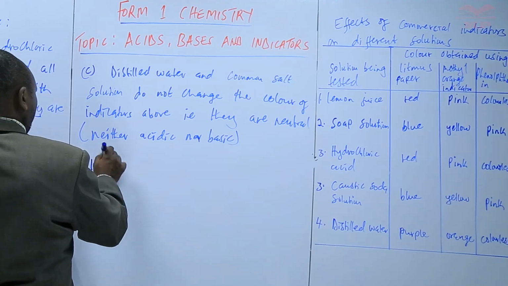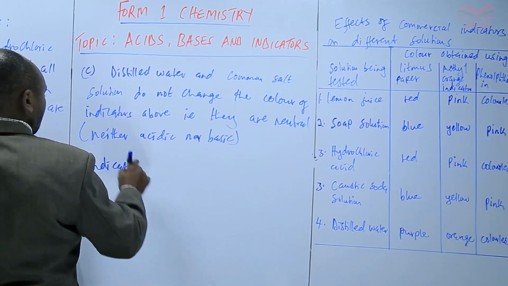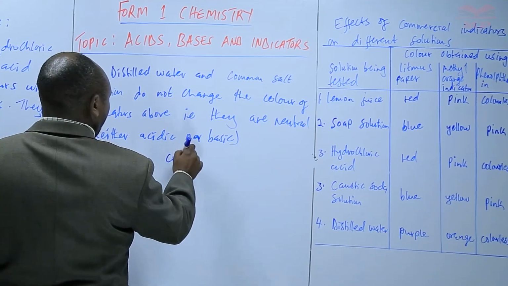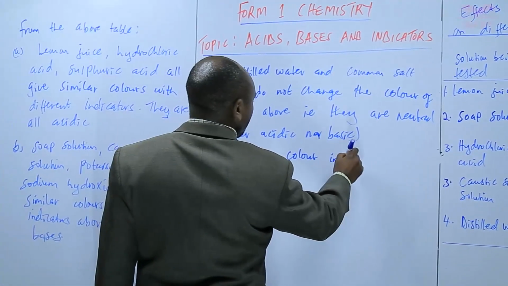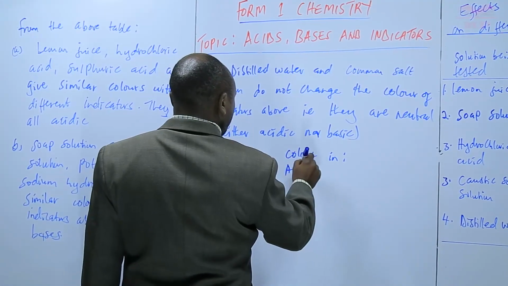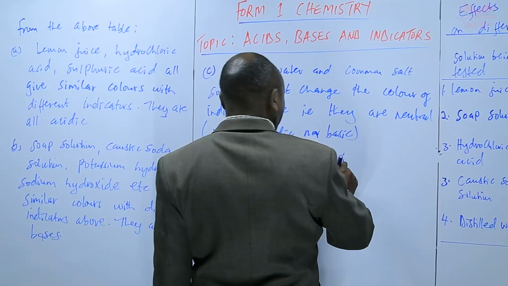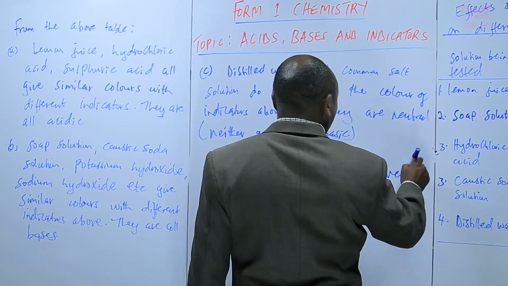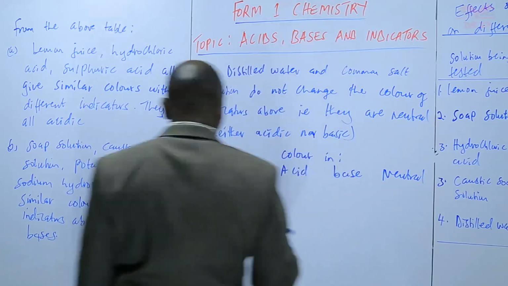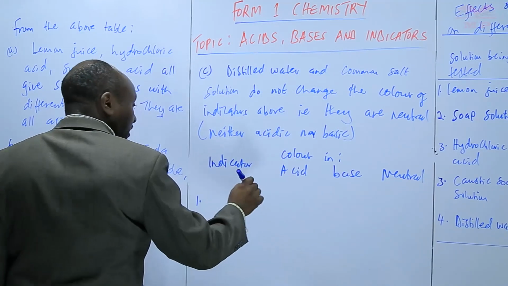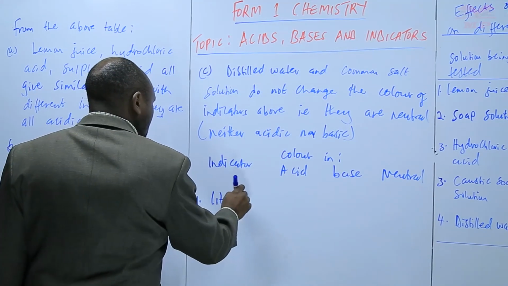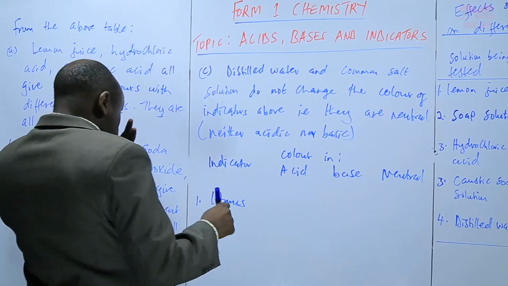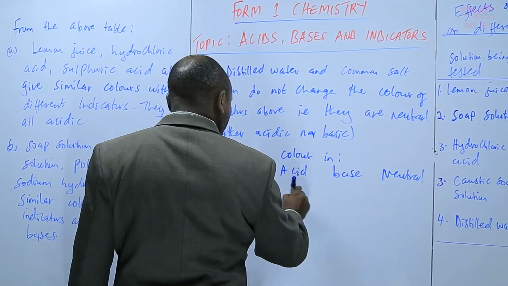we can have the indicator, then we can have the color in acid, base, and neutral solution. So for example, we can start with the litmus. In acid, it is red.